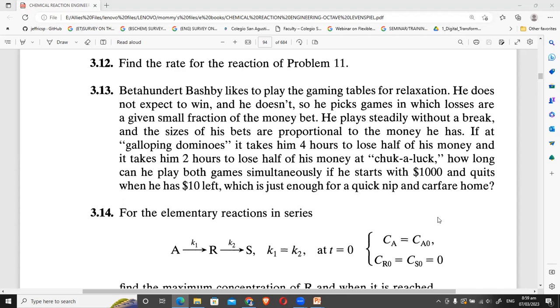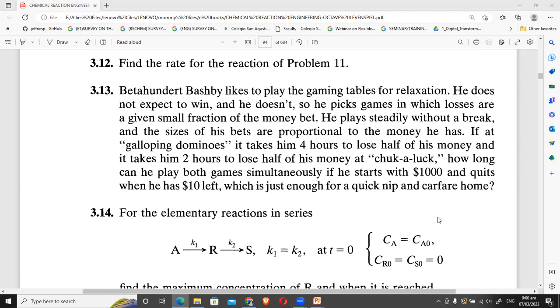He plays steadily without a break, and the sizes of his bets are proportional to the money he has. If at galloping dominoes, it takes him 4 hours to lose half of his money, and it takes him 2 hours to lose half of his money at Chak-a-Lak, another game, how long can he play both games simultaneously if he starts with $1,000 and quits when he has $10 left, which is just enough for a quick nip and a car fare home?